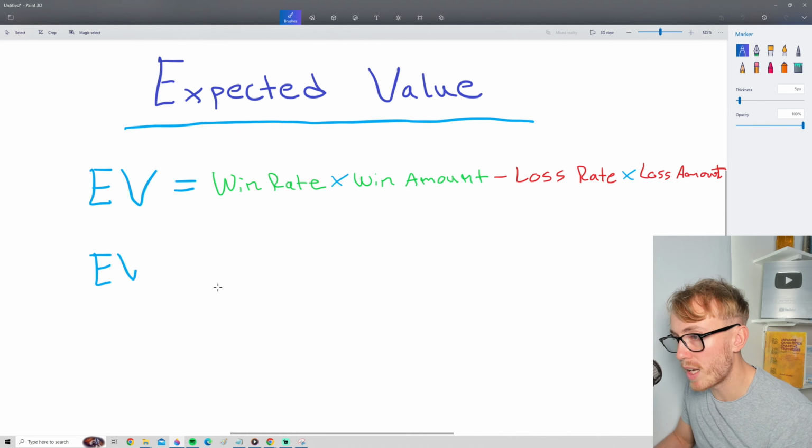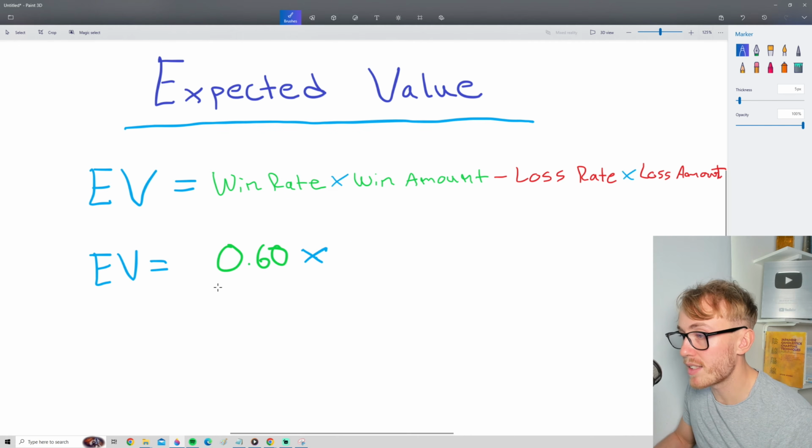So let's say that our win rate is 60%, or in other words, 0.60. And our profit target is set so our win amount is 100. So this is the win rate times the win amount. And then we need to take minus the loss rate.